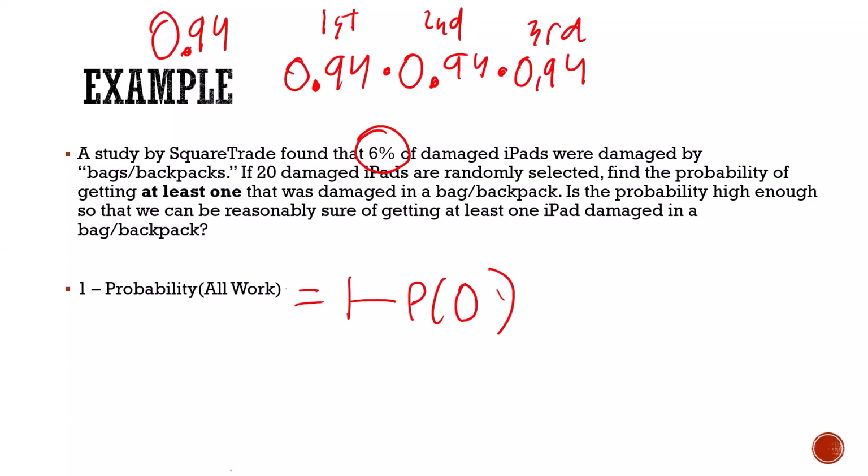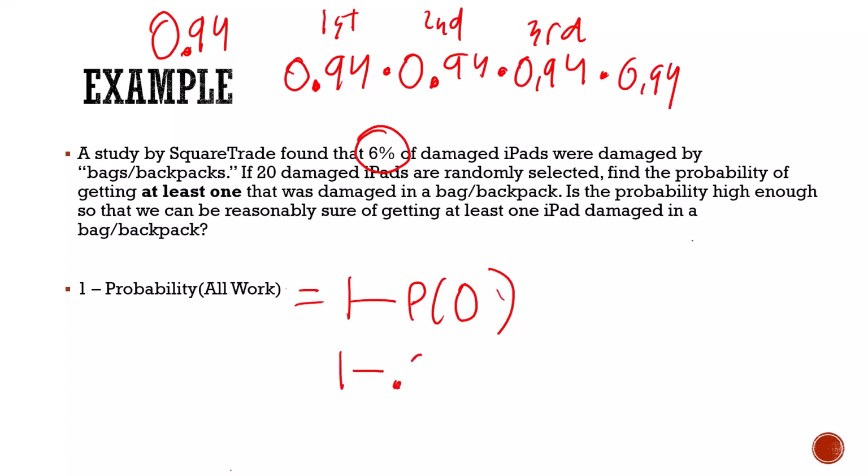Why 6? 6% are damaged, but how many iPads do I got here? 20. So I'm multiplying 20 times. But what's a more convenient way to express that? Yes.